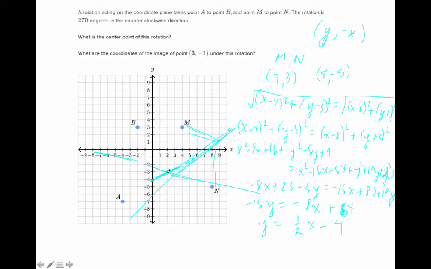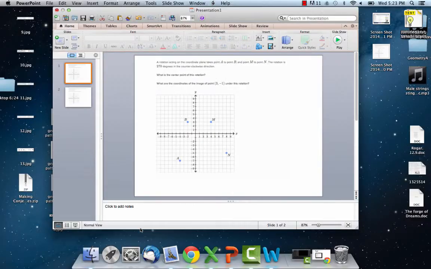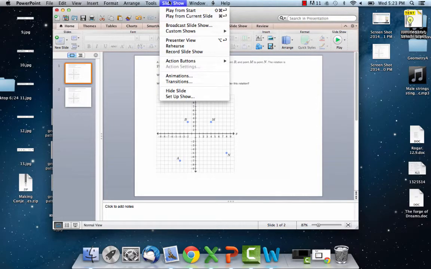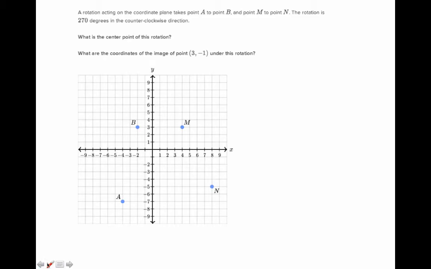Since the point that I thought was probably the point is on the line, I'm going to assume now that this is the center. Okay? So now I'm going to refresh the slide here. I think (2, -3) is the center. Okay, so (2, -3). I'm going to mark that with a C to say that's the center.